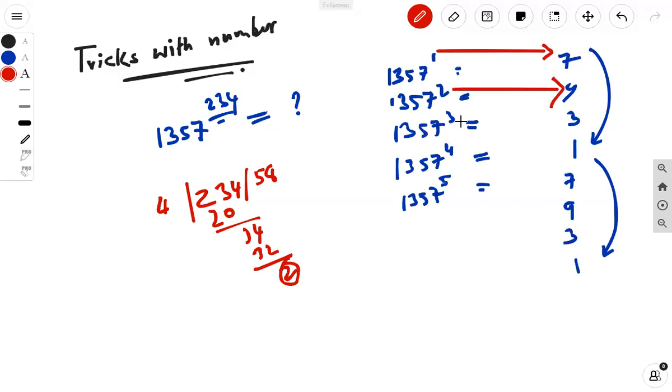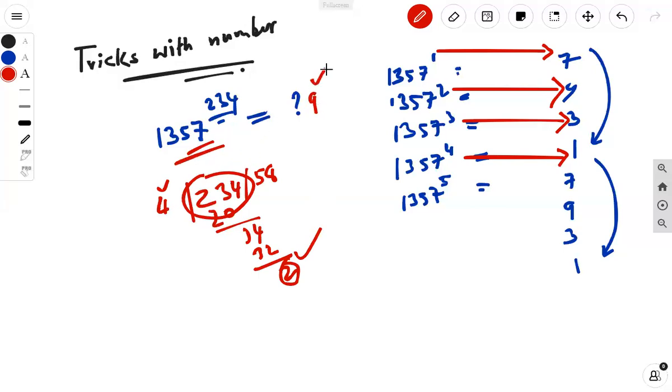If the remainder is 3, then the result will be 3. And if the remainder is 0, I mean it is completely divisible by the number of times it is repeating, then the result will be 1. So here we can see it is 2, so we can surely tell the last digit of this particular function will become none other than 9.